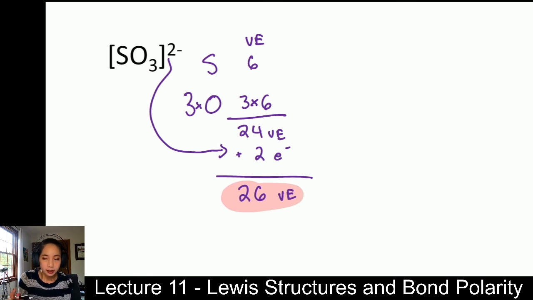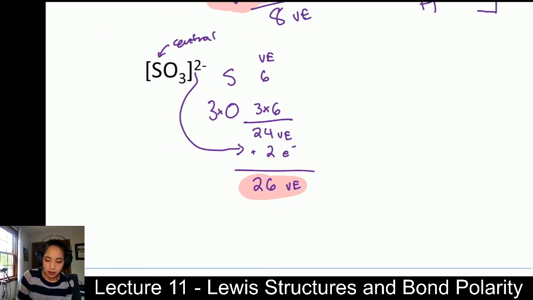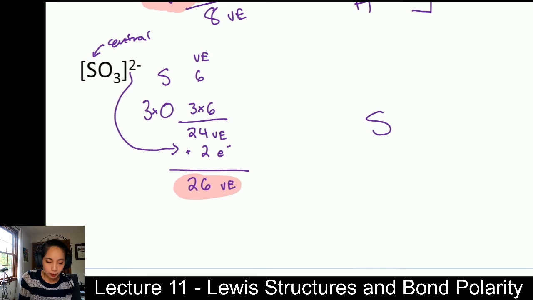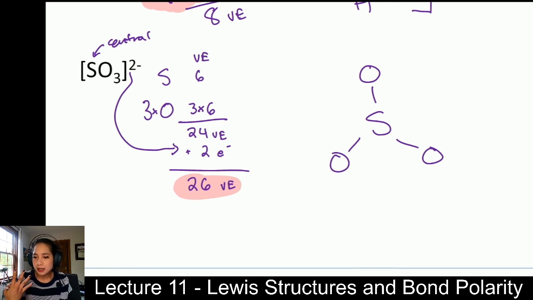So that's step 1. Step 2, place atoms. Sulfur here is our central atom. So sulfur in the middle, and then we're going to put oxygens around. I've drawn 6 electrons so far, and I need to get to 26. So I have a lot of electrons to put down. I'm going to start filling up the octets around the oxygens on the outermost atoms.